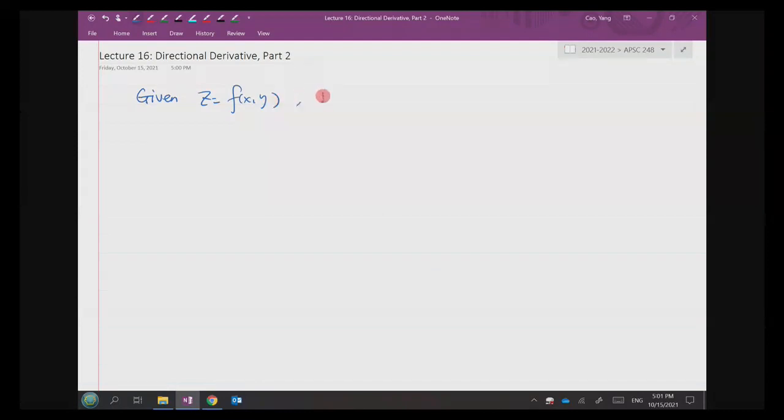Then the derivative of this function f at point p naught in the direction of u hat, where u hat is a unit vector.